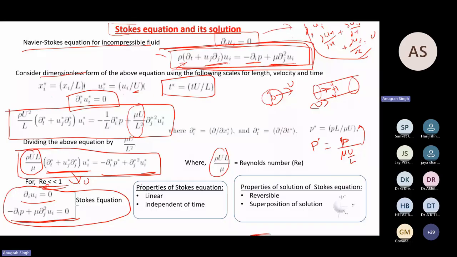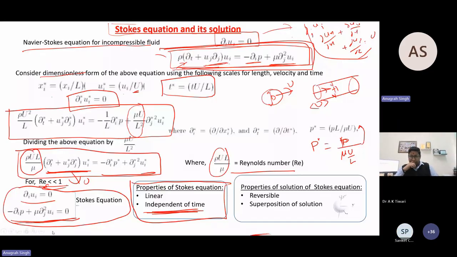Not only is it linear, it is also independent of time, because the Reynolds number is a small number you are multiplying, so even the delta T term goes to 0. You should not confuse that Stokes flow is special; the time is dropping because the Reynolds number is small. So as long as the Reynolds number is small, the flow will be independent of time. There is no time in the Stokes equation.